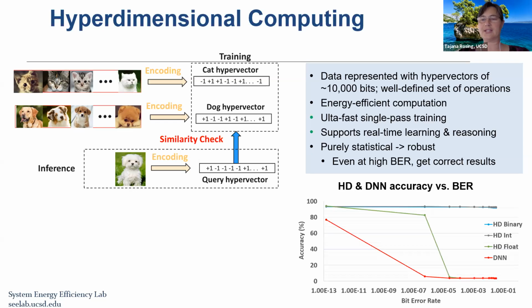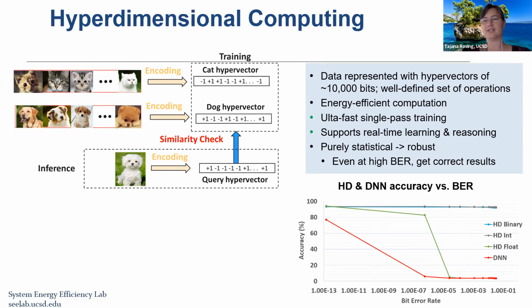So here you can see we ran inference. This was on the ISOLET data set at varying bit error rates. And you can see when we use hyperdimensional computing with binary or integer representations, they're essentially completely unaffected by even very high bit error rates. When we compare that to the state-of-the-art deep neural network, you see that it dies very, very quickly as you start introducing errors in computing.